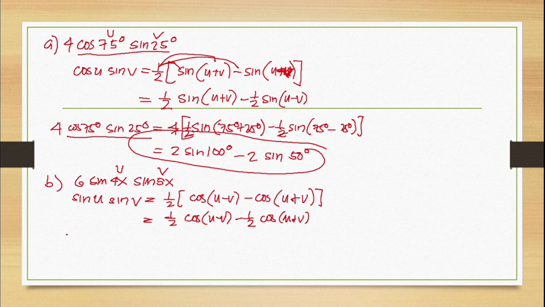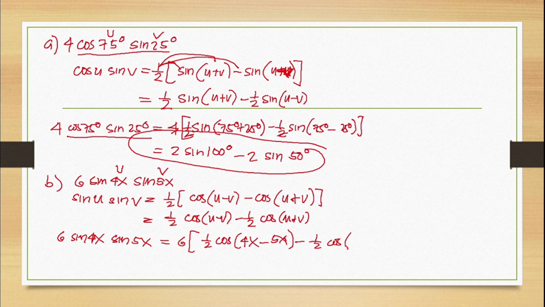Therefore, 6 sine 4x sine 5x is equal to 6 times the quantity of 1/2 cosine of (4x minus 5x) minus 1/2 cosine of (4x plus 5x). Distribute the 6, and it becomes 3 and 3.